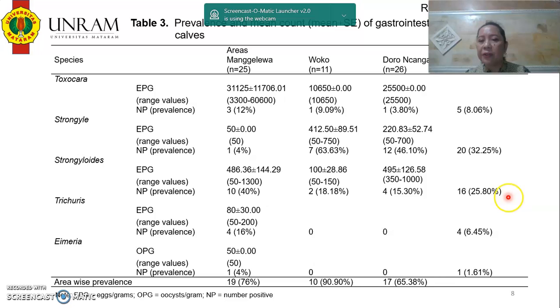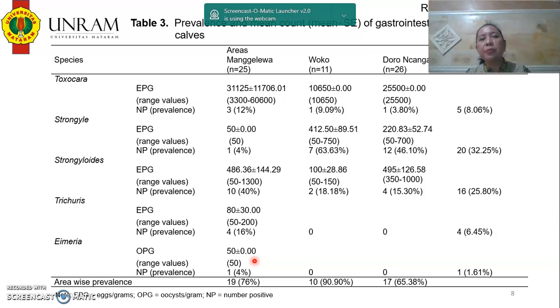The prevalence of gastrointestinal parasites ranged from 65.38% to 90.90%. A range of different gastrointestinal parasites were found, although very few coccidial oocysts were seen.